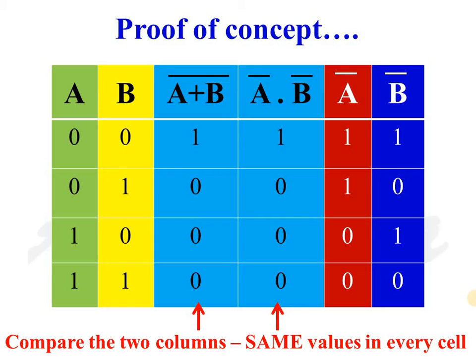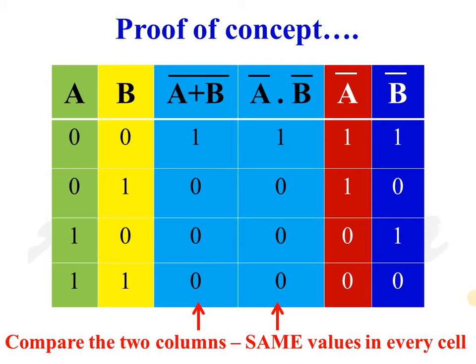Proof of concept. Let us consider a two-variable truth table. The two variables are denoted as A and B. So there are four possible combinations for the two variables: 0,0, 0,1, 1,0 and 1,1.